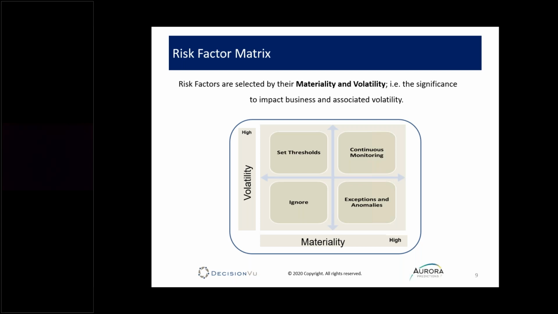If my business is not particularly dependent on rent, in other words, that's a small part of my financial cost structure, well, rent doesn't change that much. So it's not material and it's not volatile. I ignore it.